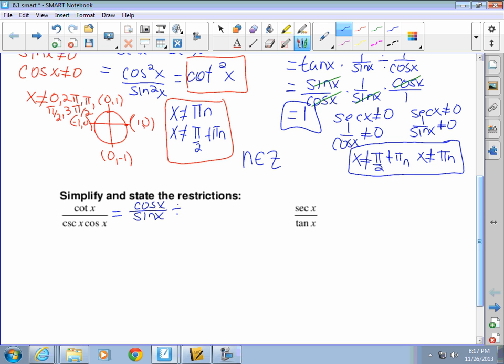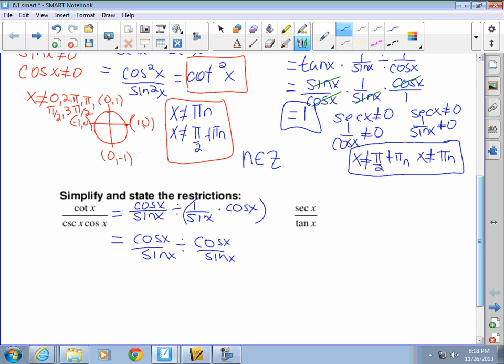This is divided by 1 over cosecant, which is 1 over sine x, times cos x. So if I rewrite with my flip, because this is together, this is the same as saying cos x over sine x divided by cos x over sine x.